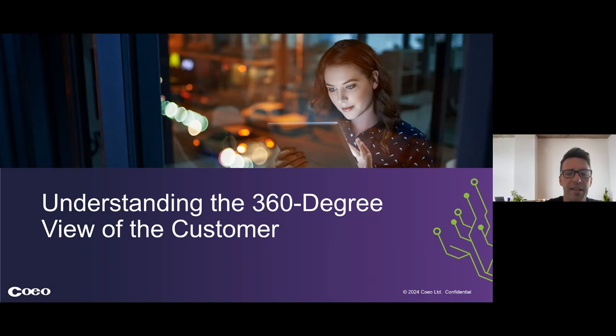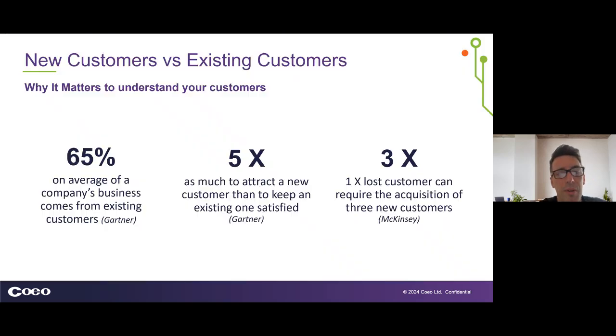So in terms of understanding the 360-degree view of your customer, it's always good to understand the context of where you've got existing customers and new customers and why they matter. In terms of some statistics, leading industry experts like Gartner and McKinsey point out that 65% on average of business comes from existing customers.